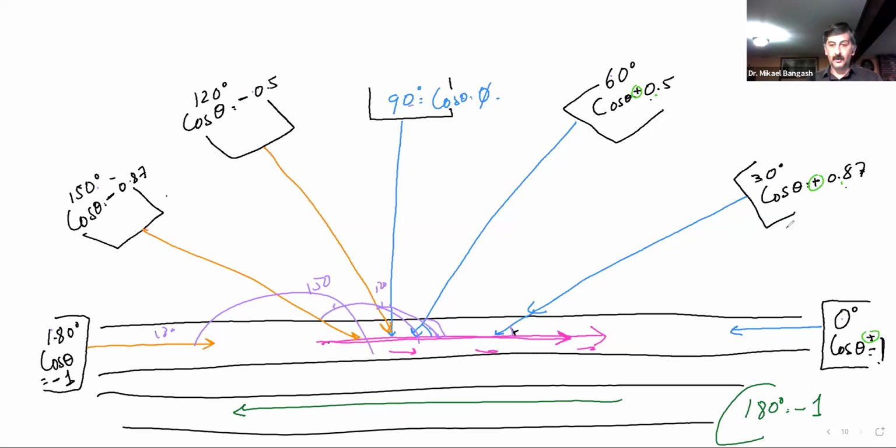This would have been a 150-degree angle, with a cosine theta value of minus 0.87. This would have been 120 degrees, with a cosine theta value of minus 0.5.